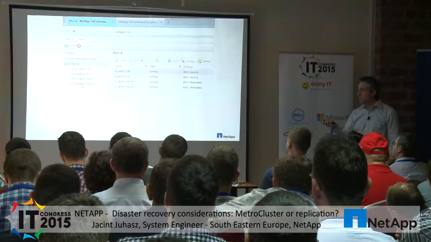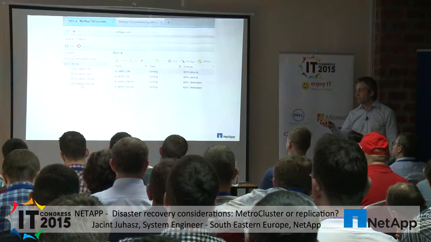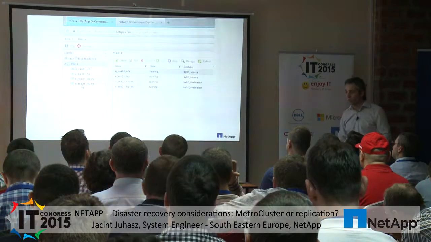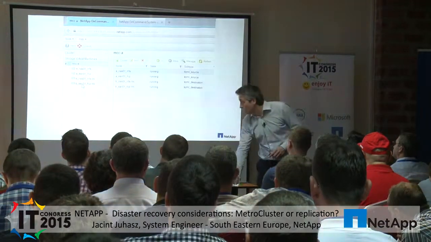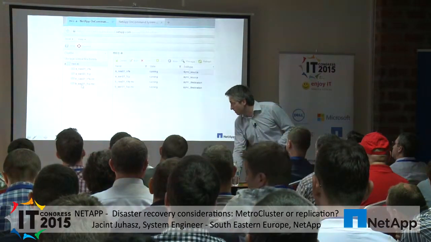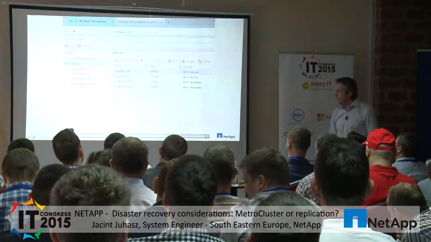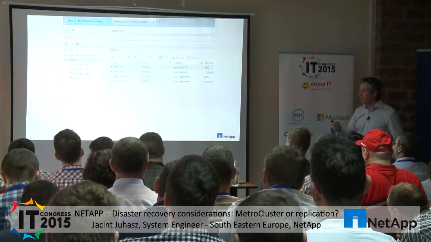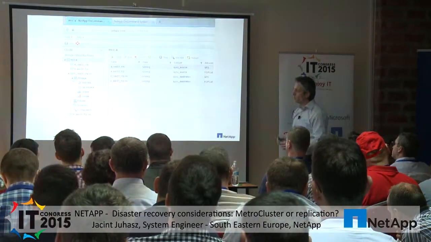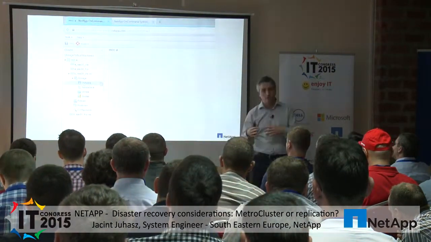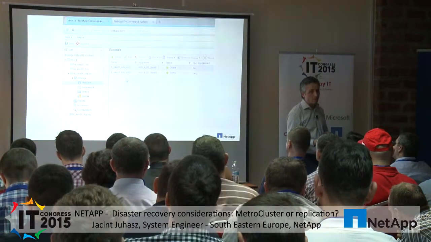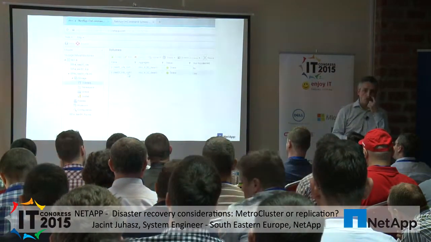So basically all the A site storage virtual machines and all the B site storage virtual machines are running on the exact same configuration. And now if I open any of the surviving storage virtual machines, I can look into the storage objects, I can make configuration changes, I can do anything I want.